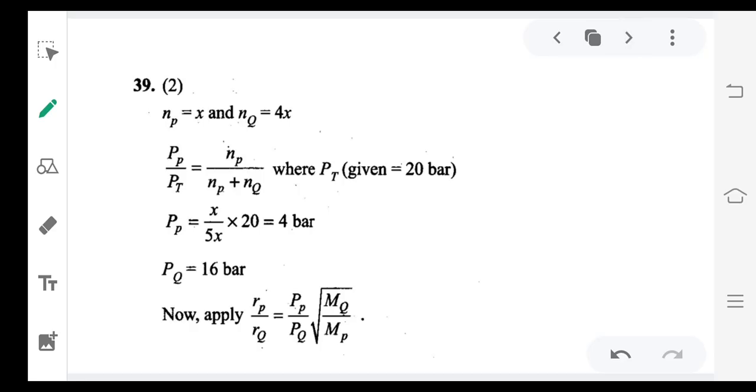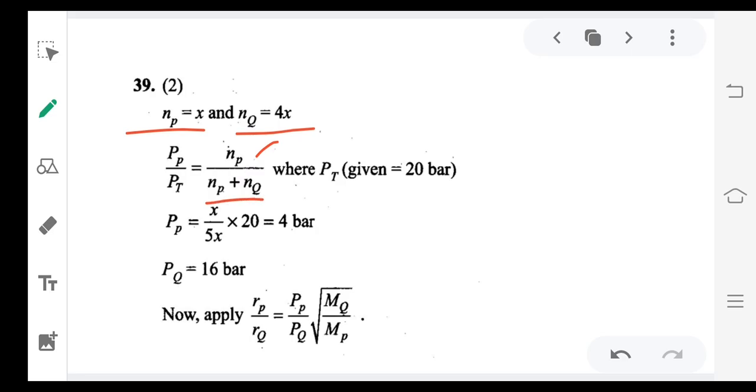So now moles of P have taken X, therefore moles of Q must be 4X because the ratio 1:4 is given. According to Dalton's law of partial pressures, partial pressure of P by total pressure equals mole fraction of P. Mole fraction of P means moles of P by total moles.